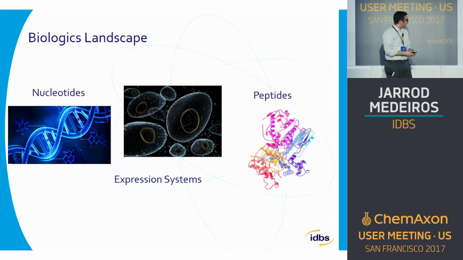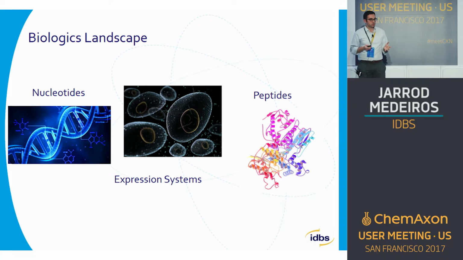Now, thinking about the biologics landscape here, we have a few areas, starting with nucleotides, moving through to the expression systems, which are typically cell-based when you're talking about standard biologics, sometimes more on the synthetic side, as well as the final product, typically, unless you're working with siRNAs and these types of things, the peptides.